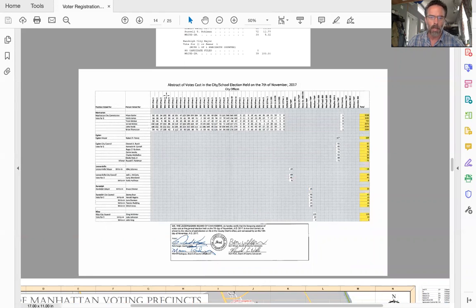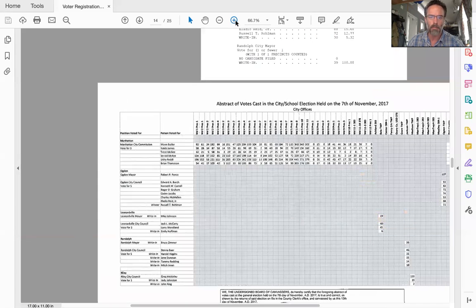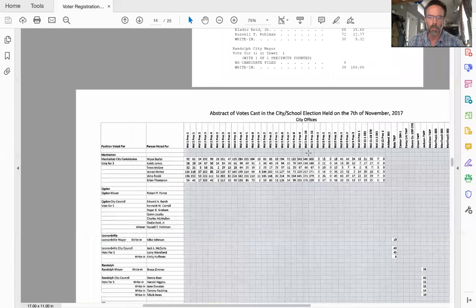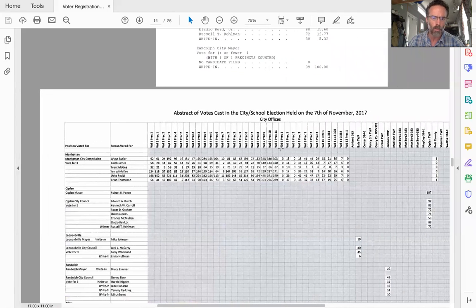But what I thought might be useful here is to know how many people are voting in those different precincts. For example, if you were looking at Ward 1, Precinct 1, it would show up as 1-1 on the map.